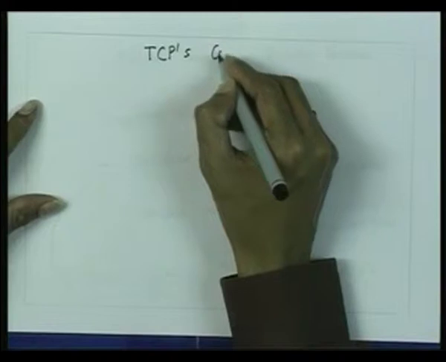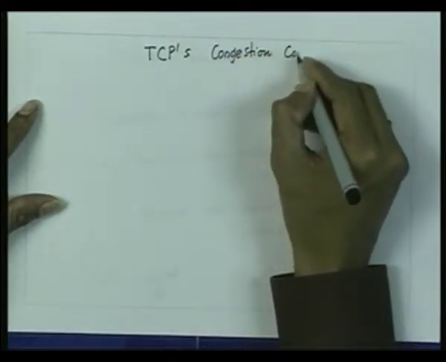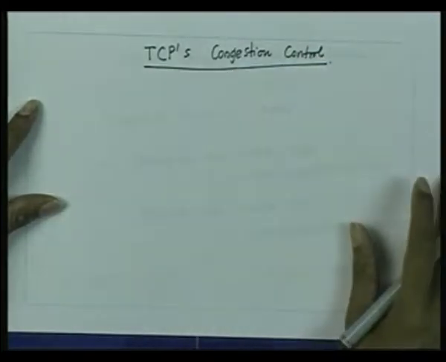Now let me explain the exact manner in which the TCP's congestion control mechanism operates. Remember that TCP operates on byte boundaries. It is a byte oriented protocol.